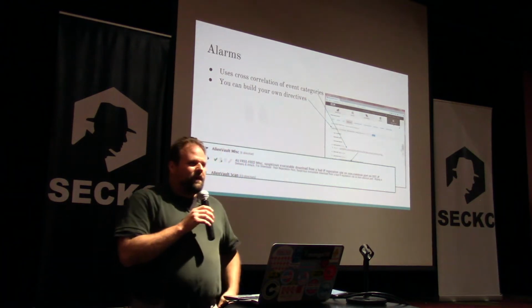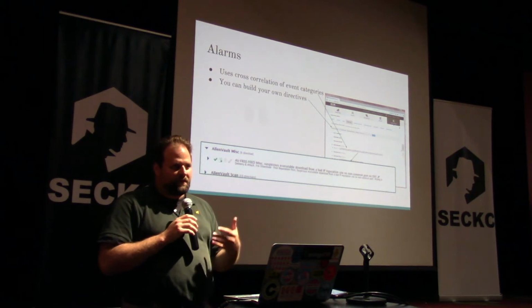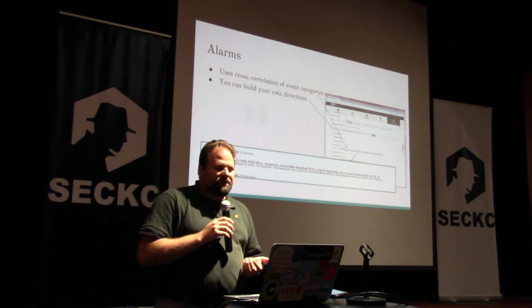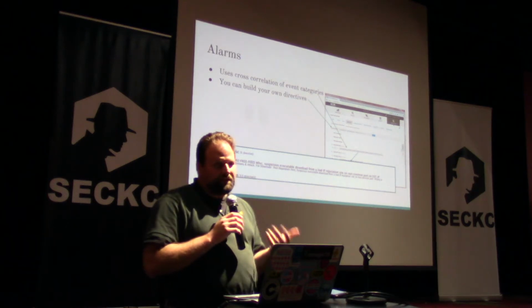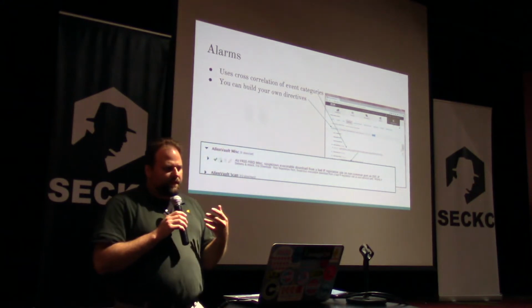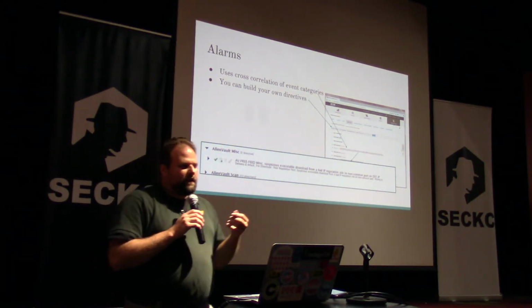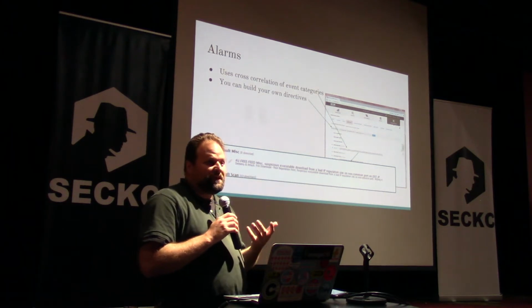So at this point, I've talked about individual alarms, individual pieces of information that come in and show up as an event. But that doesn't really tell you a story. A story has a beginning, a middle, and an end. What the alarm setup is all about is that it's looking for that beginning, that middle, and that end of a potential event.